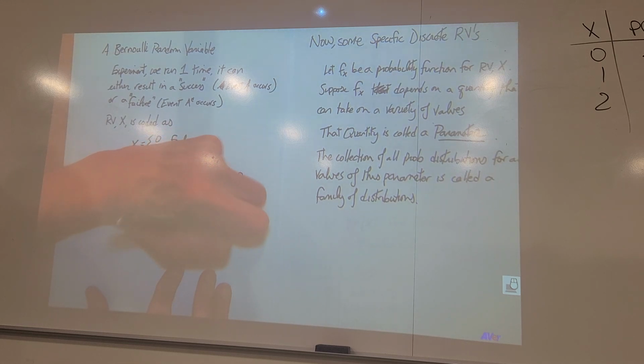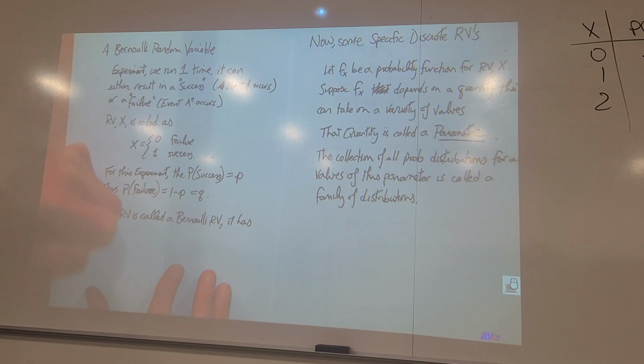It has one parameter, and that parameter that completely defines this experiment is P. Right? We might write that random variable X has the distribution Bernoulli with parameter P.